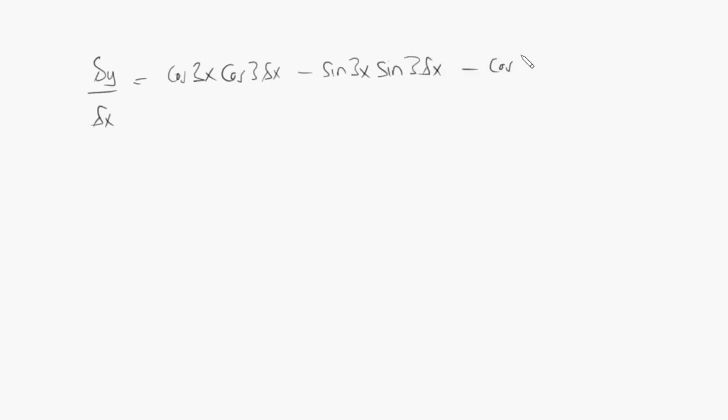So nimefika mpaka hapa, nimesema kwamba delta y over delta x ni sawa na cos of 3x cos of 3 delta x minus sin of 3x sin of 3 delta x minus cos of 3x, over all of it over delta x.